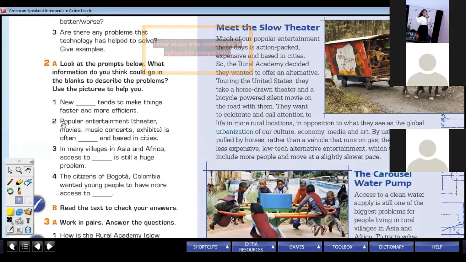Popular entertainment, theater, movies, music, concerts, exhibits is often based in cities. It's often what? Expensive.